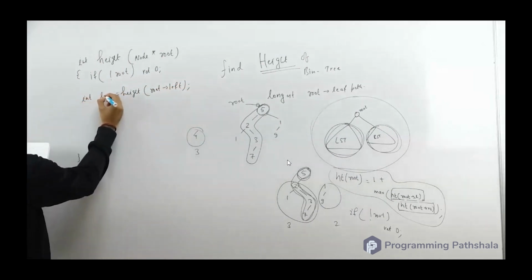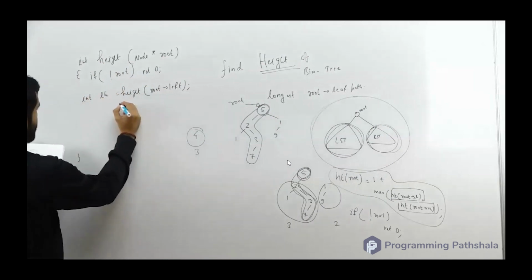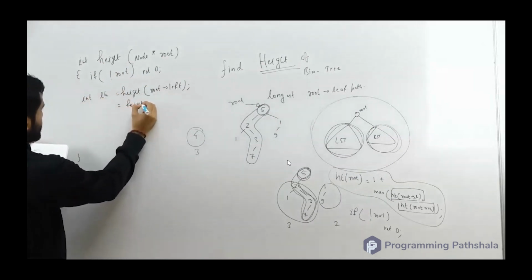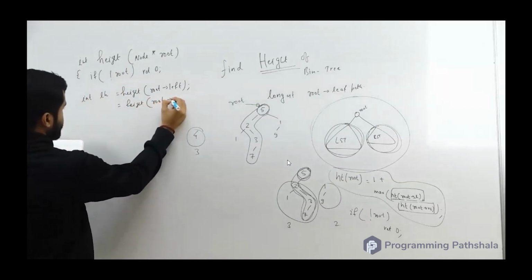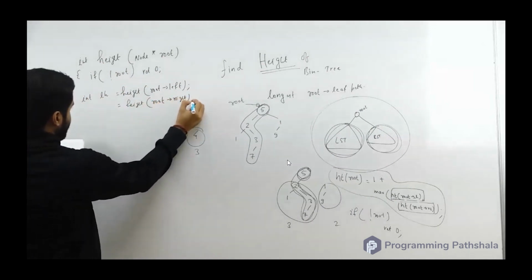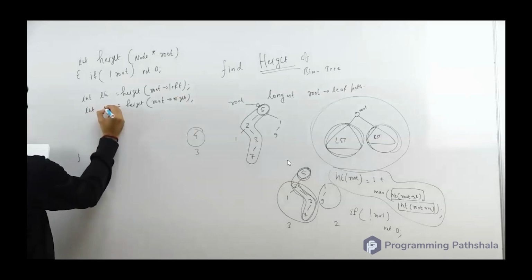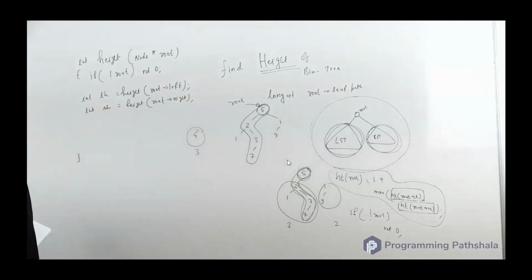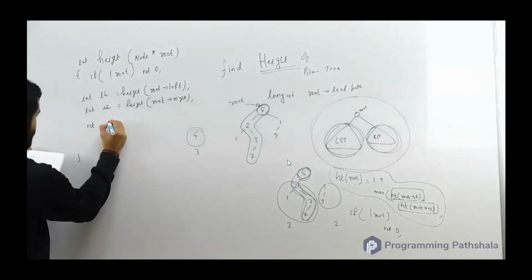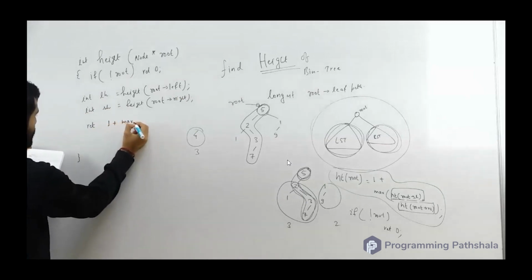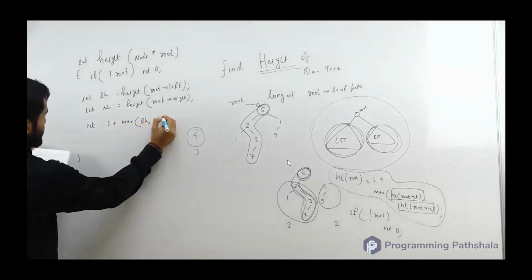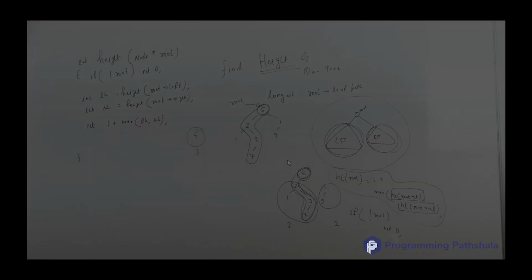I'll call that integer left height. Similarly, I'll call height for the right subtree, and it will give me right height. And now all that I have to do is return 1 plus max of LH comma RH. That's it. Job done. Okay, very good.